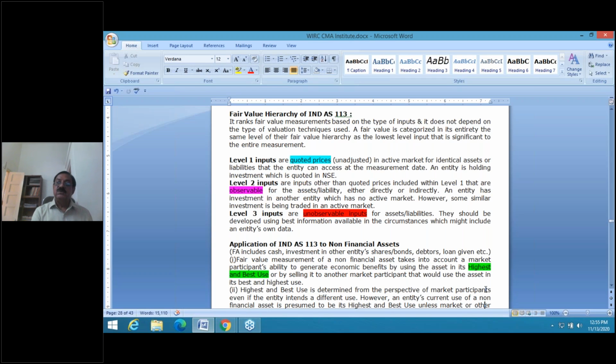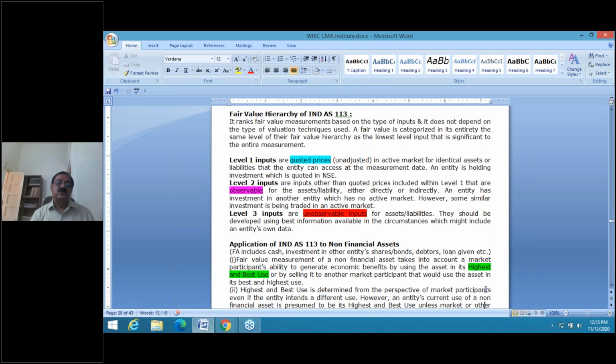There is a company similar to Reliance, and I have invested in that company's shares. Its market price is not available, but I have a similar company, Reliance, whose market price is available. Both are similar companies, at the same level. So I can take Reliance's price as the base for this, as that is most observable for me. If a similar type of investment is actively traded, I can take its price as my fair valuation.